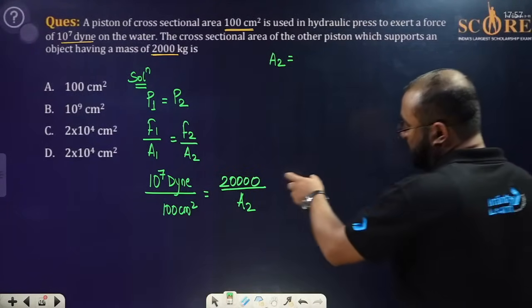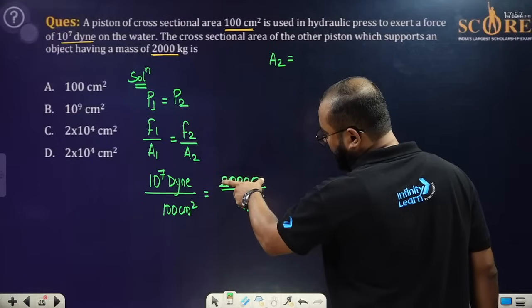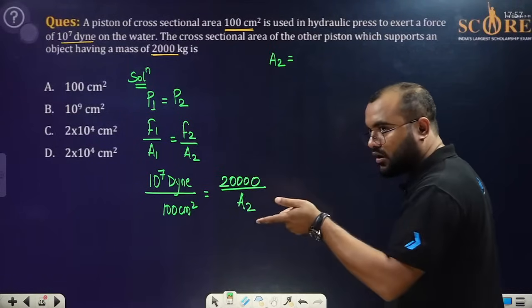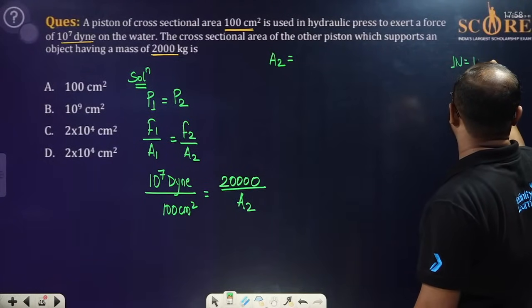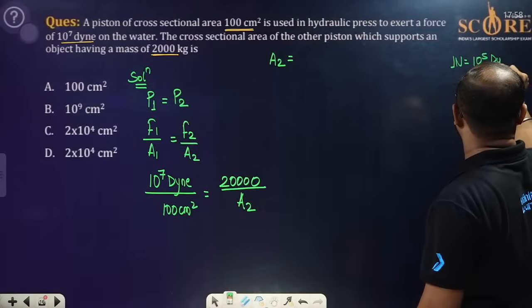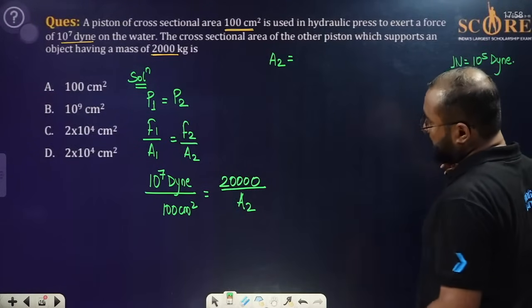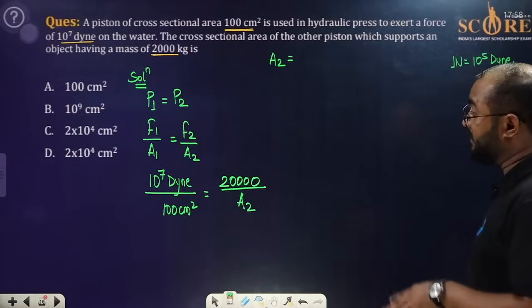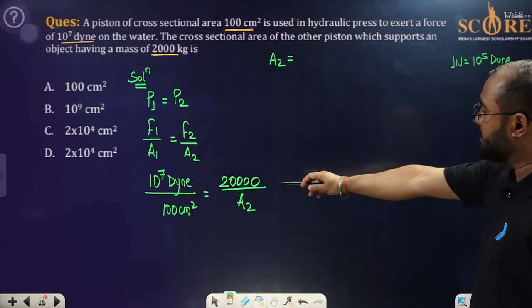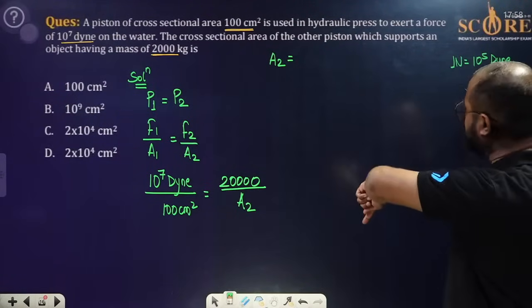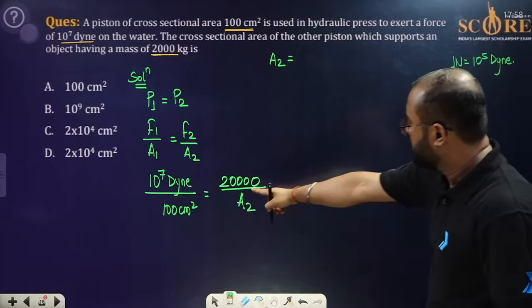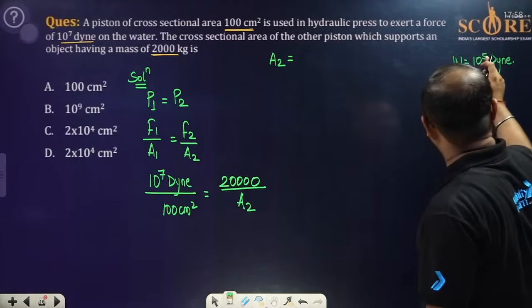We have to convert this force, which is given in Newton, into dyne. We know 1 Newton is equal to 10 to the power 5 dyne. Getting my point?